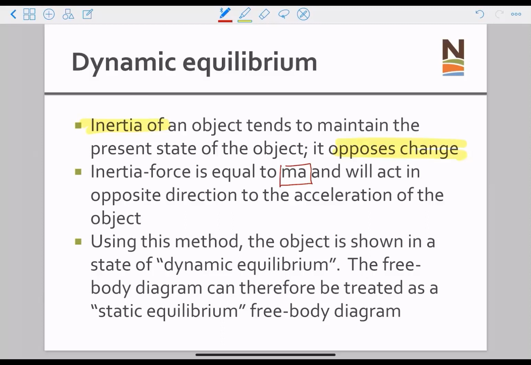It will act in the opposite direction to the acceleration of the object. So whatever direction the object is accelerating, the inertia force acts in the opposite direction. Using this method, the object is shown in a state of dynamic equilibrium, as we mentioned, very similar to what we would see in our static problems. So the free body diagram can therefore be treated as a static equilibrium free body diagram.